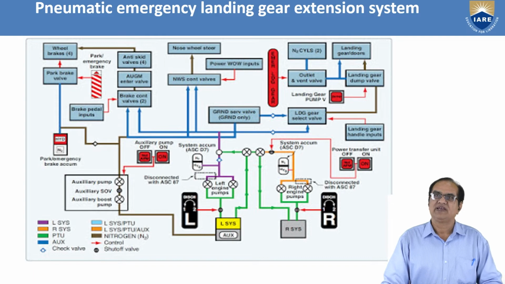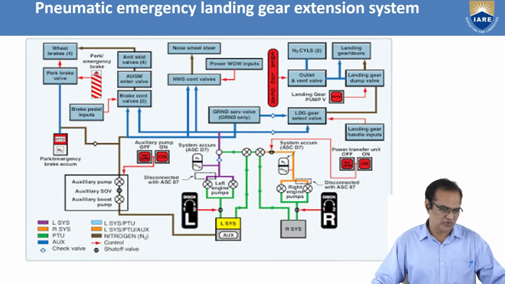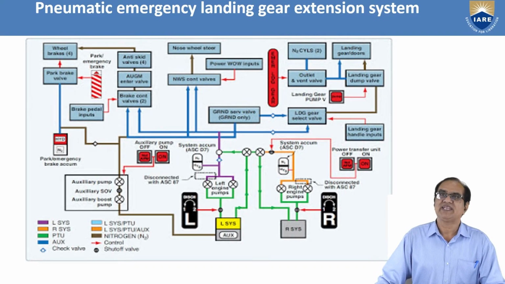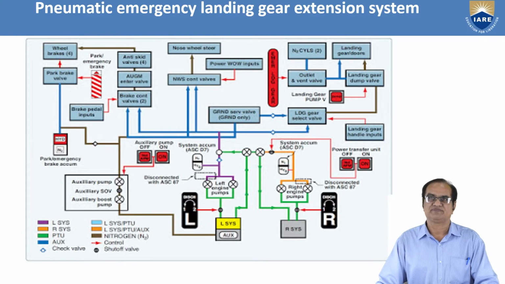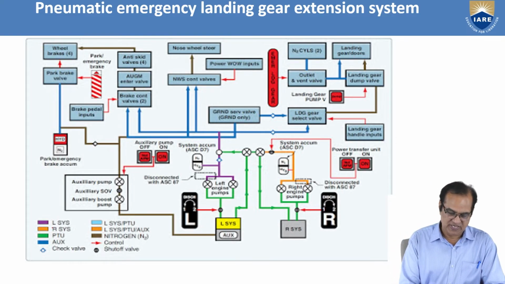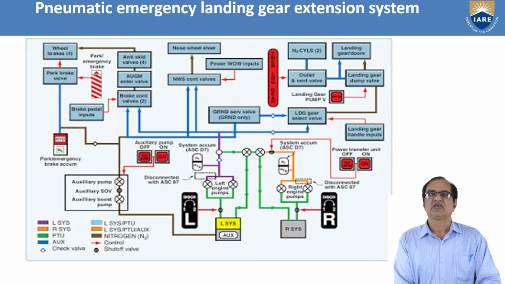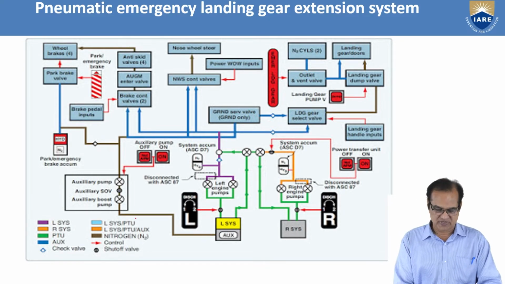Now some complications start, and I am going to discuss the pneumatic emergency landing gear extension system. Here if you see, this purple color is the left system, orange is the right system, green is the PTU system, the auxiliary system.